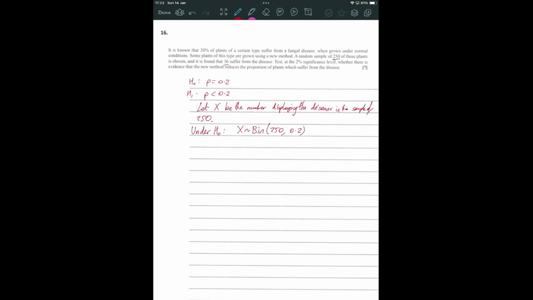So now, hypothesis testing, we've done all the setup. We now want to calculate the probability of the sample, the thing actually happening, which was 36, or more extreme. Well, with 250 and 0.2, that's got a mean of 50, so more extreme than 36 will be less than or equal to 36.